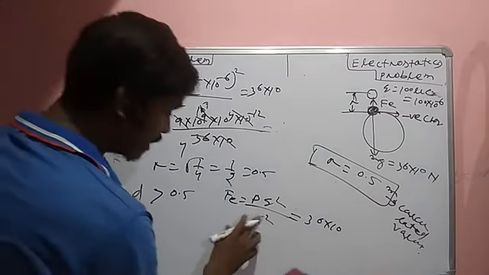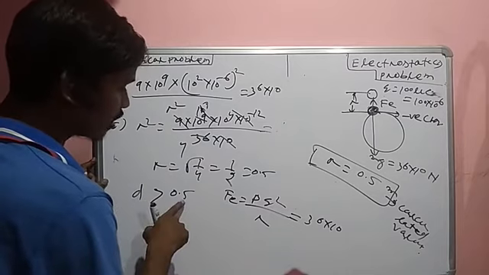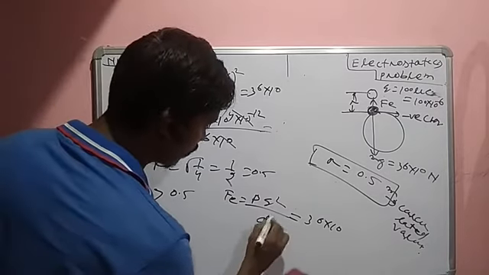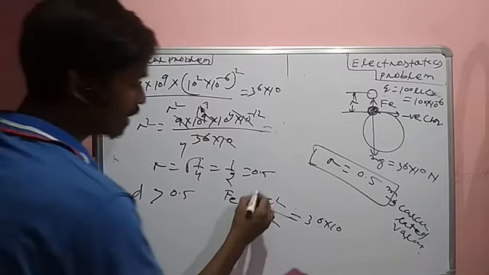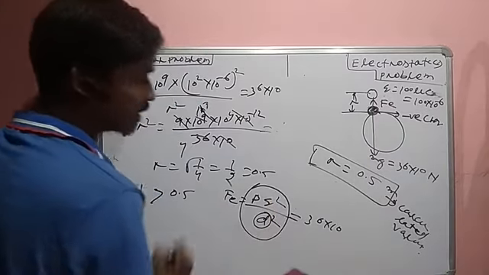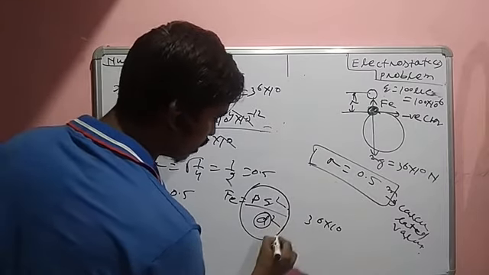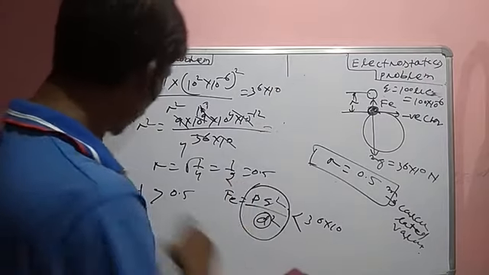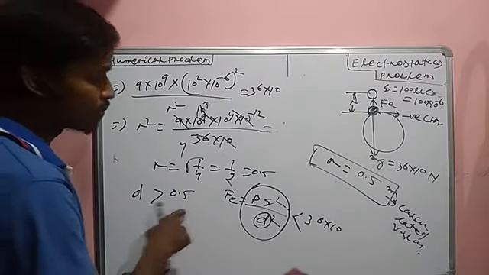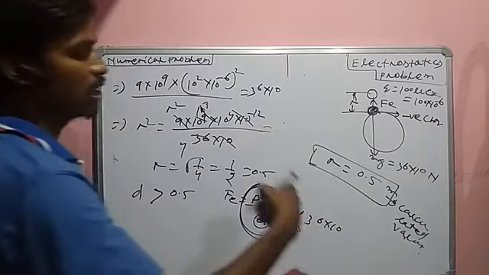Whenever d is greater than 0.5, that means d square is larger, so the force decreases. That means the force is less than 36 into 10.